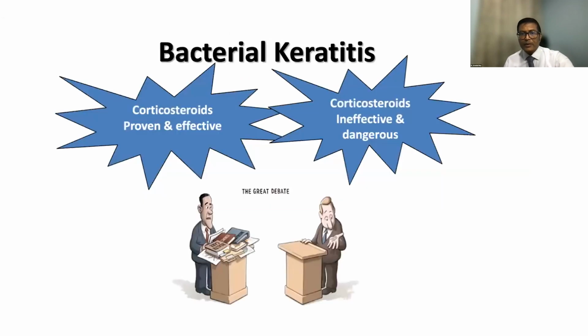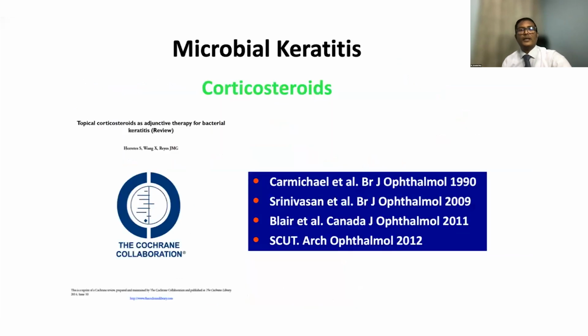Is there a role of corticosteroids? Well, there have been studies which have shown that corticosteroids reduce the inflammation and the scarring, but sometimes they may accentuate the melt and the perforation and a secondary infection as well.